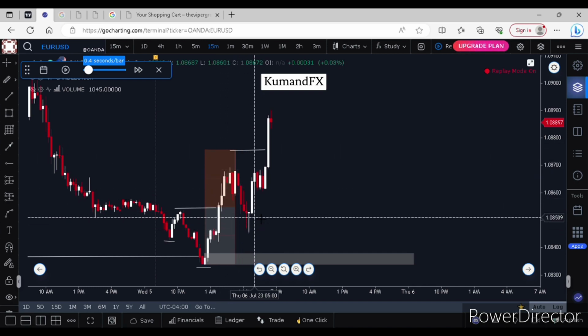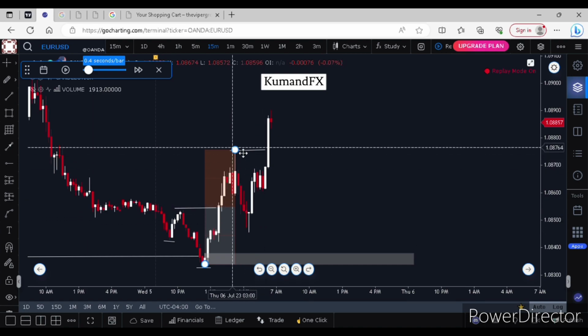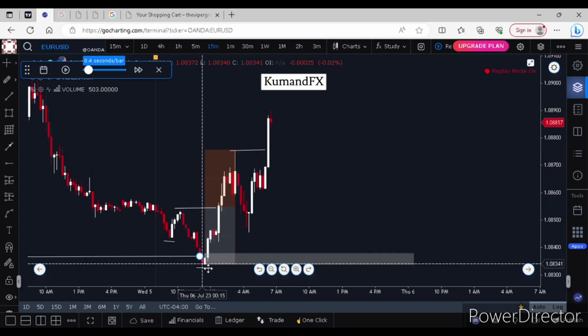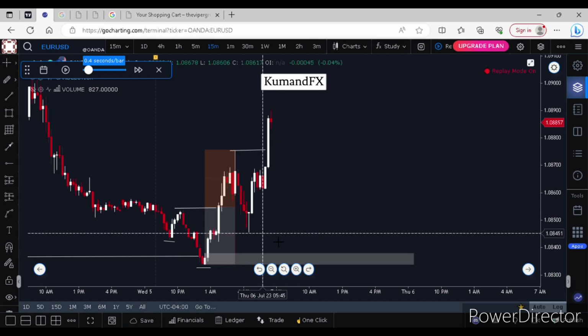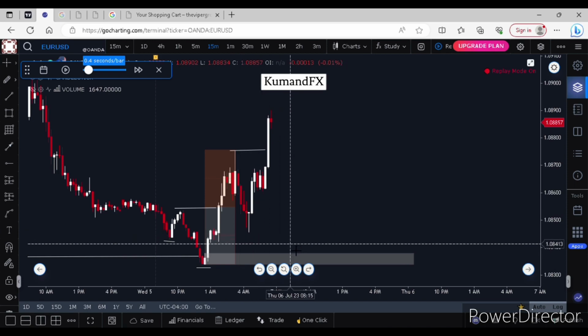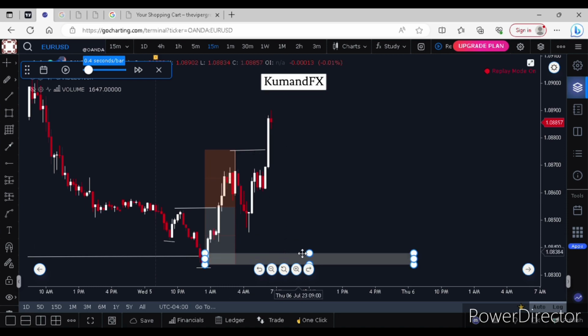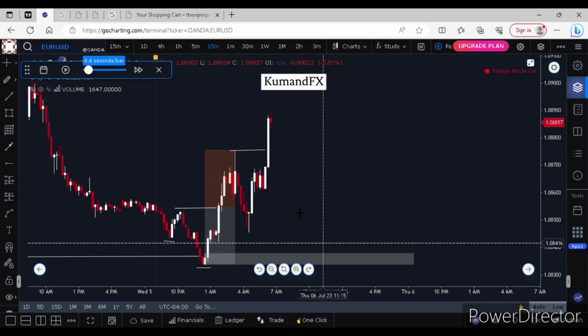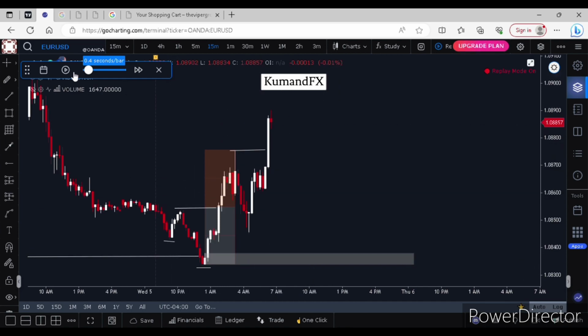So it traded into the discount level, then broke structure, but it didn't go down to the 25% discount level. You know, that's like a sweet spot for the institution level. That's their sweet spot. So we play price forward.